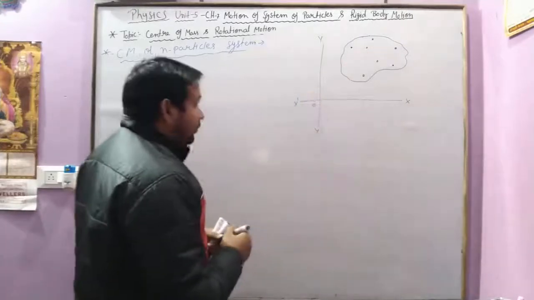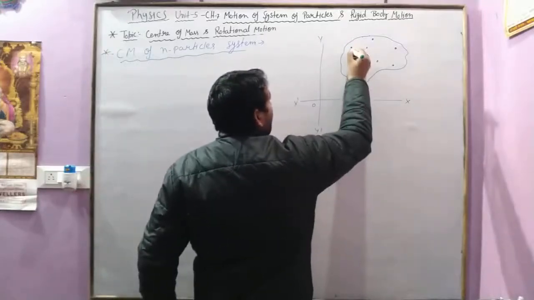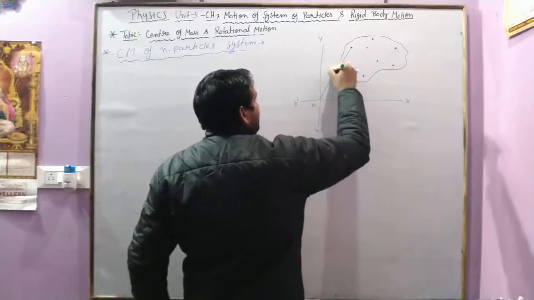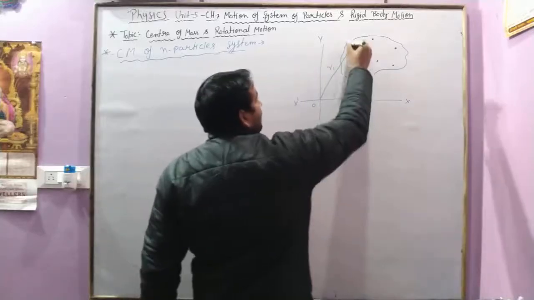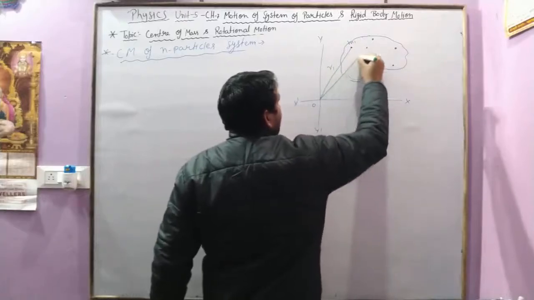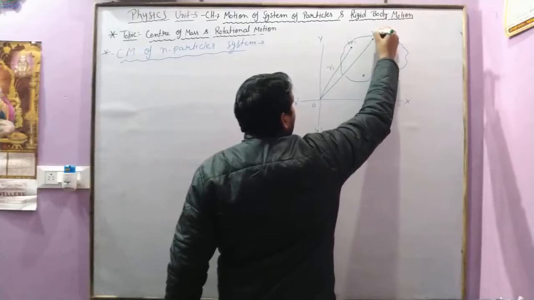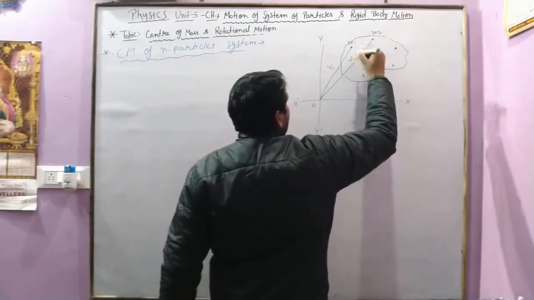Now the radius of particle 1 having mass m1 is r1. The radius of particle 2 having mass m2 is r2.